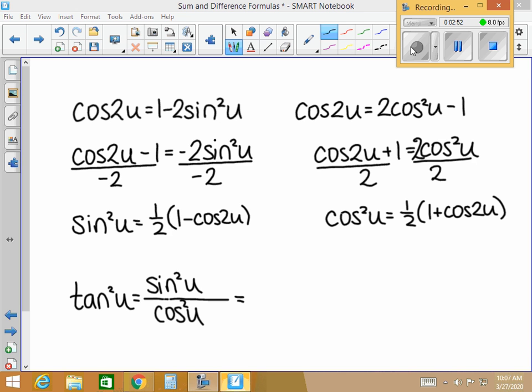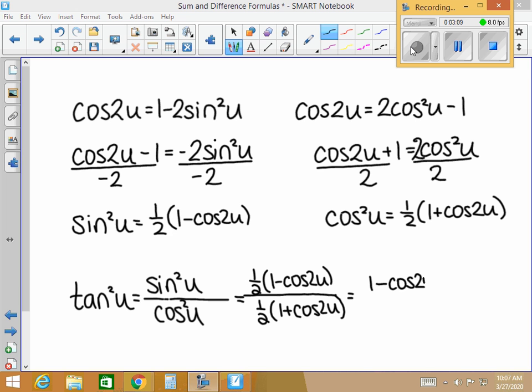Using the power reducing formulas from up above, I can copy and paste them down in. And the only thing I can do to reduce this is knock out those 1/2s. The tangent squared of an angle is 1 minus cosine twice that angle over 1 plus cosine of twice that angle.